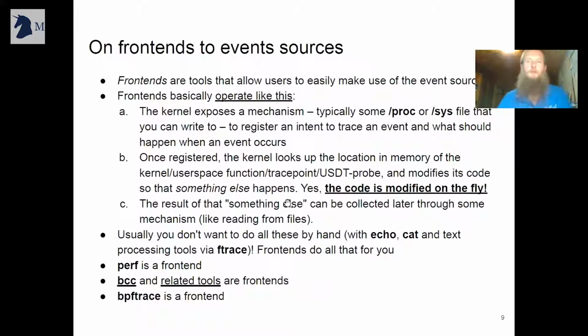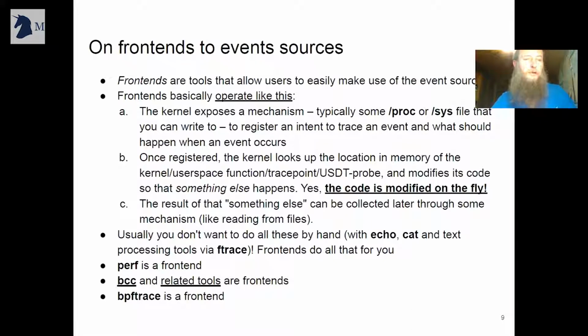So with this in mind, one would imagine that as we speak about Linux, a kind of Unix operating system, whenever we need to get some information, we have to work with some files and directories. So indeed, when kernel developers added dynamic tracing facilities, they added a special file system, tracefs.